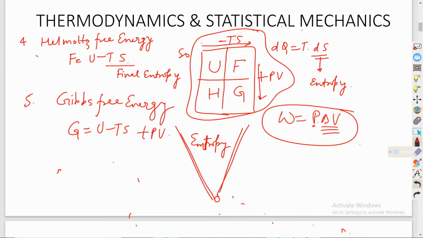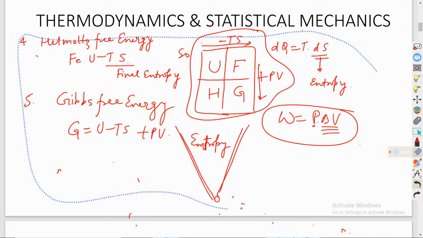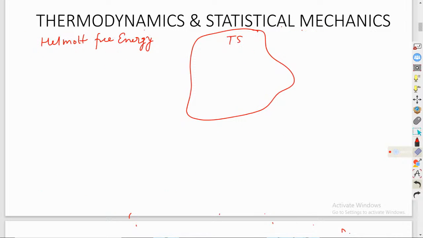Now I am erasing the equations. I hope you have seen them. Now, there are certain things which come into the picture for the thermodynamical identities.